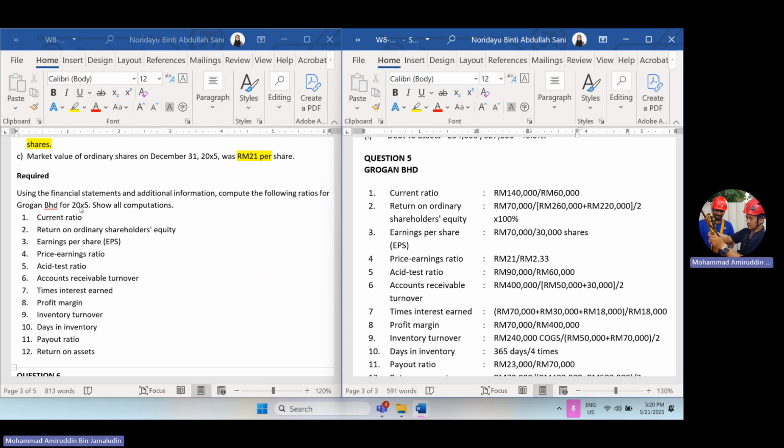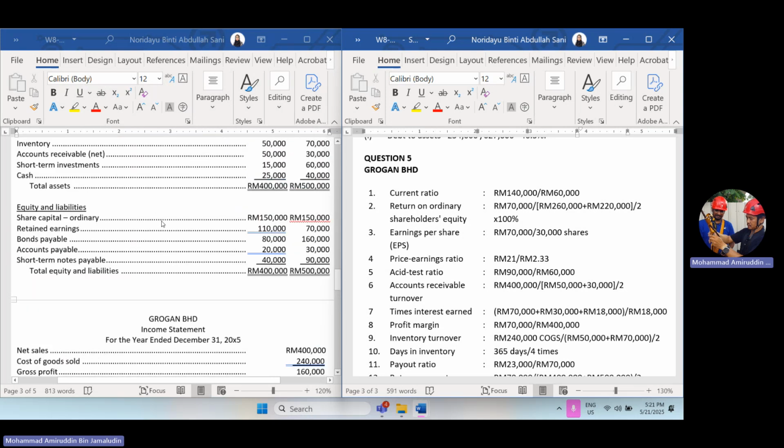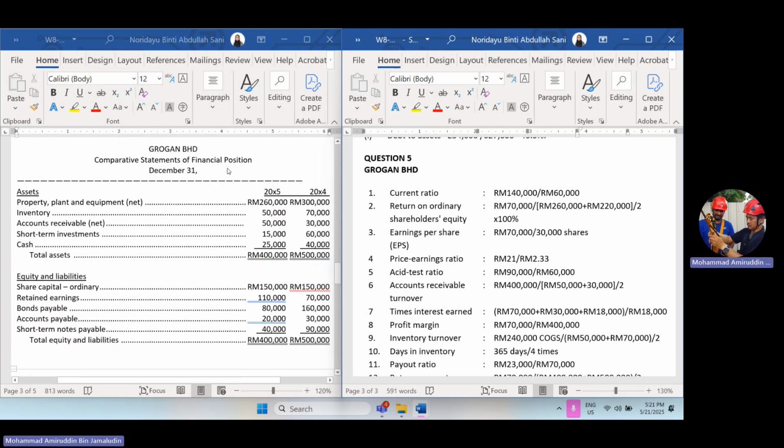In the exam, they might ask you for 2 years, meaning you need to ensure you have sufficient time to prepare the answers. That's why you must rehearse, repeat and repeat, because the formula is not provided. In the exam, you have to memorize. Current ratio, what is the formula? Current asset over current liability. So go and find where your current asset is. It should be under financial position. Remember, SOFP consists of asset, liability, equity.